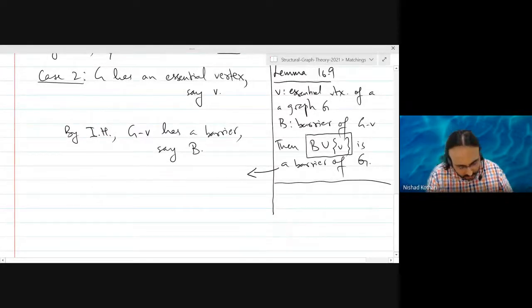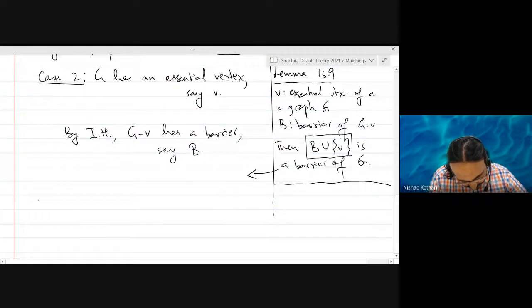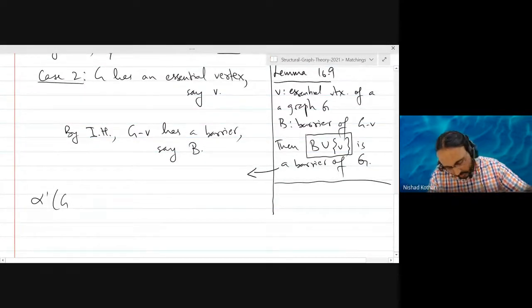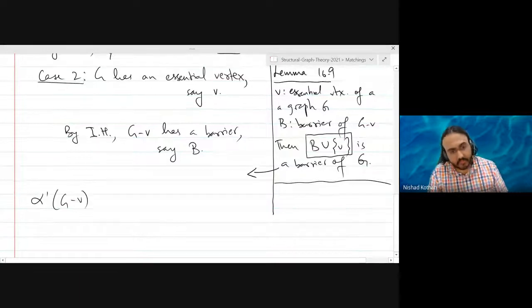So what does it mean to say that this set B is a barrier in G minus V? Well, it means that the matching number of G minus V is exactly the following quantity.